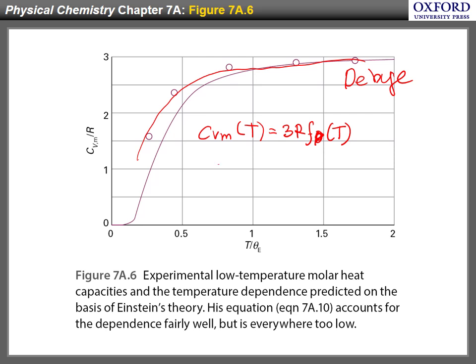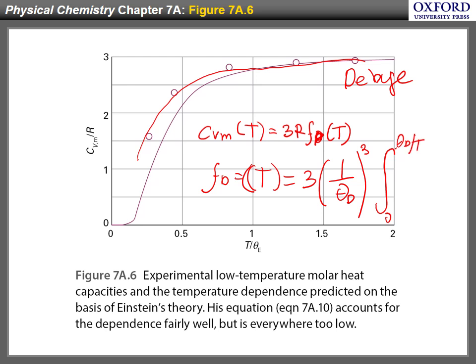So the phi D in this case, as a function of T, equals 3 times T over a similar term to Einstein's temperature, to the third power, and then the integral from 0 to theta D over T of x to the fourth power e to the x divided by e to the x minus 1 squared dx.